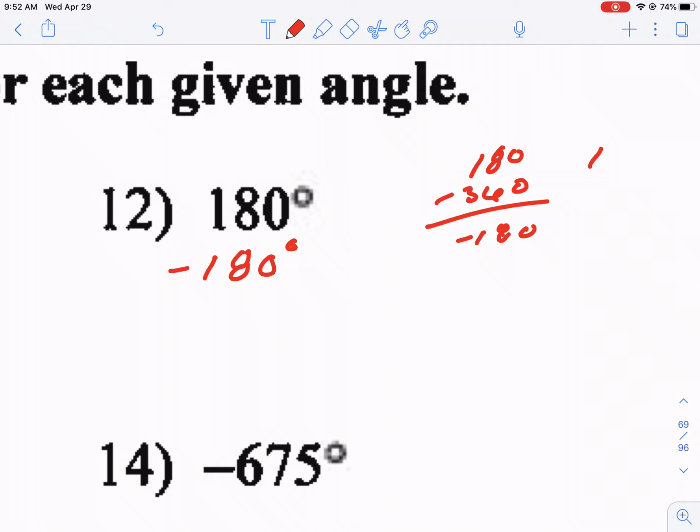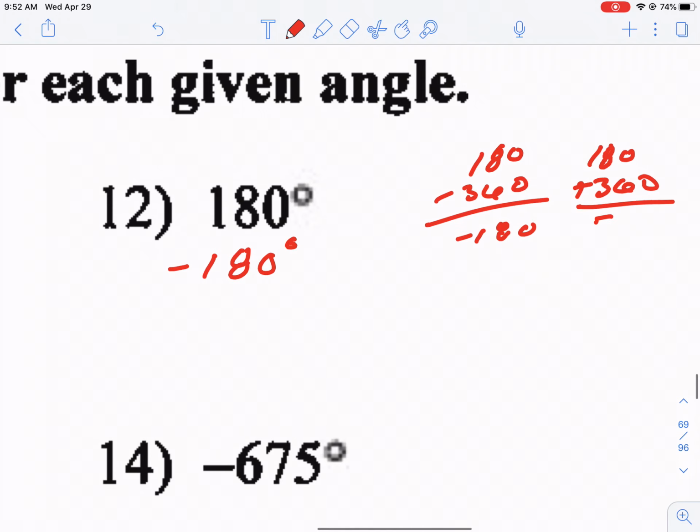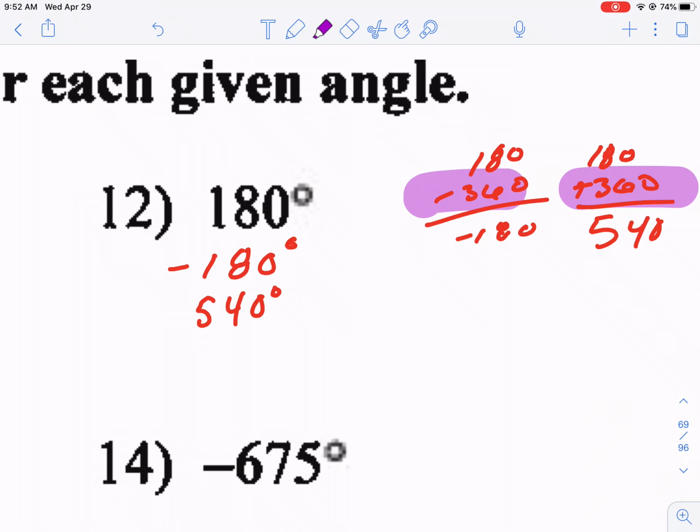The other thing we can do then is take 180 and add 360. So if I take 180 and add 360, we're going to end up with 540 degrees. And so there's our third. So we've got 3 angles that are coterminal. We came up with 1 negative and 1 positive angle that are coterminal. Notice my process. I subtracted 360 once, and I added 360. Okay.